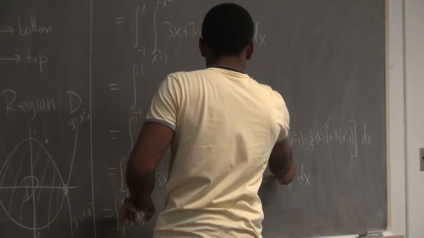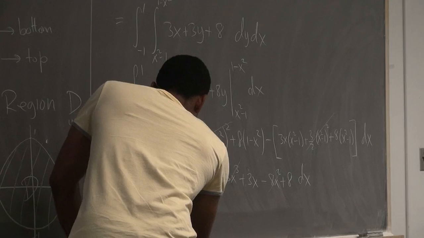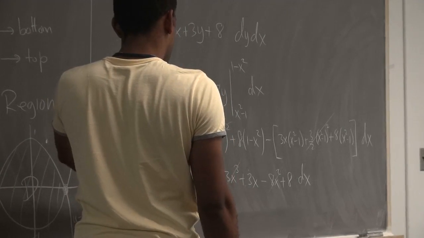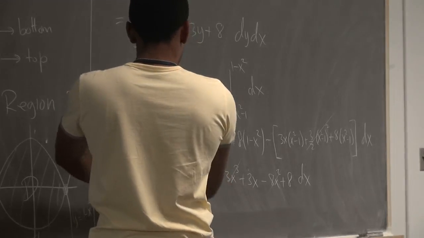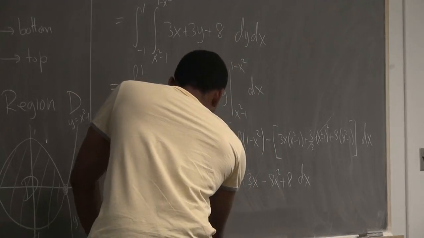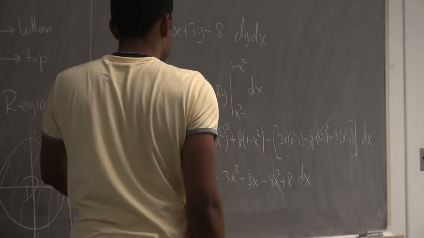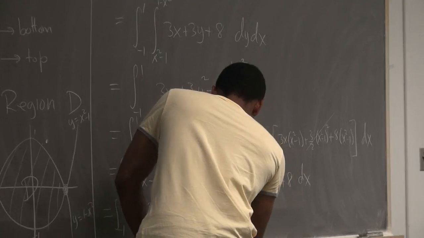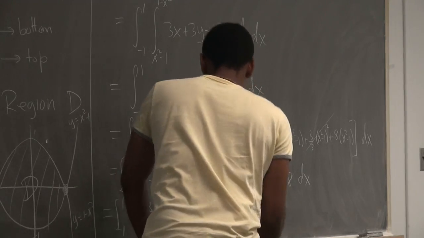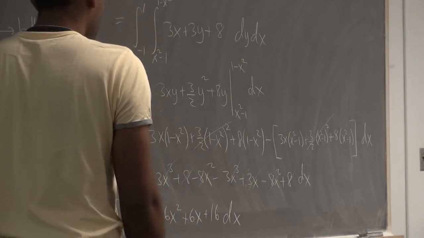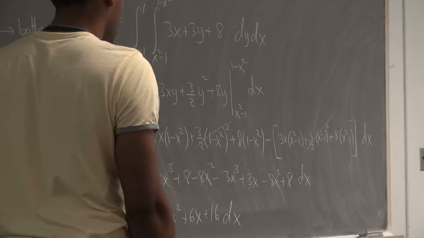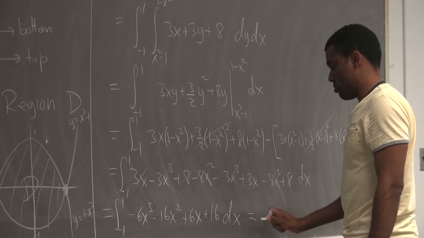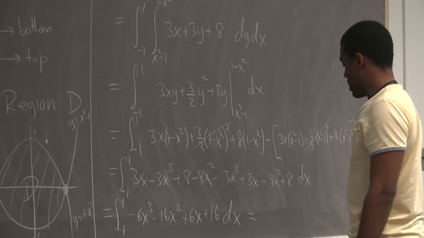Minus 8x squared minus 8x squared. And I have 3x plus 3x. I have 8 plus 8. And that should give you the other ones.